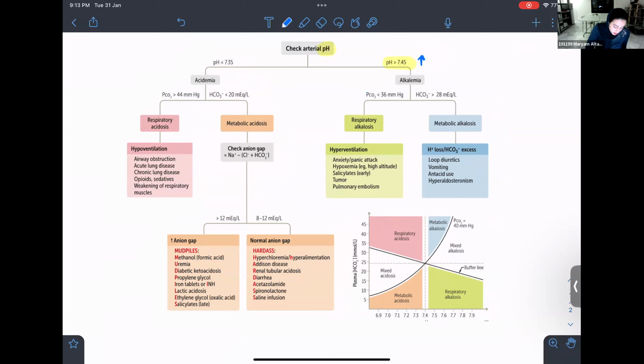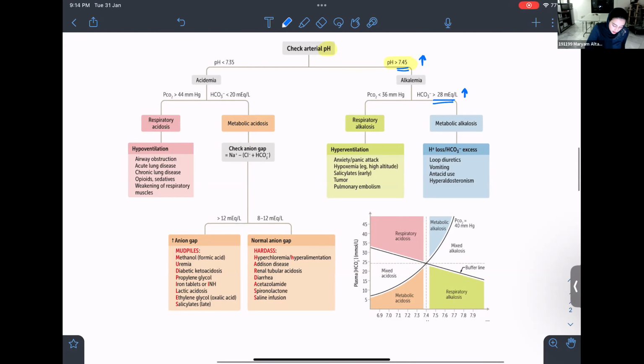And so here, your PCO2 would be less than 36, so 35 and below, right? However, if your bicarb is high, if it's greater than 28, all right, then we're going to have a metabolic alkalosis, okay? So remember, metabolic because they're in the same direction, alkalosis because pH is high. So here you're going to have bicarb excess or loss of H+.